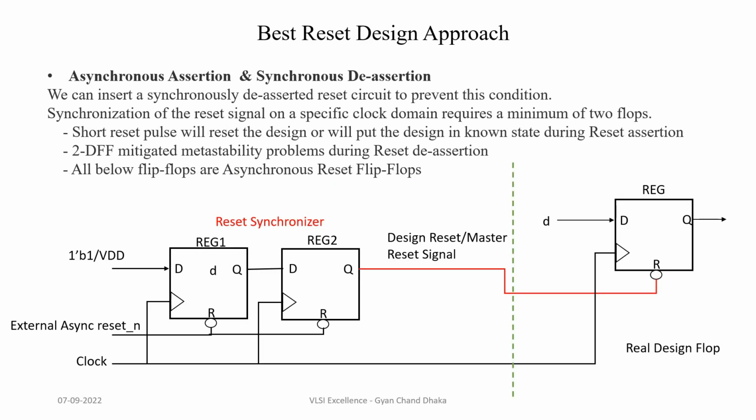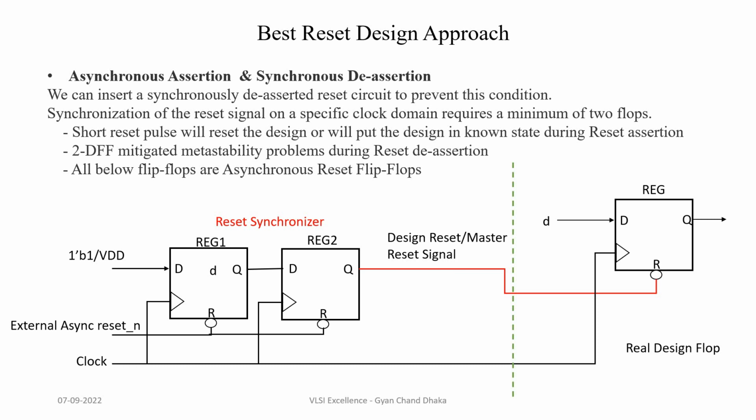Now let's see which is the best reset design approach. We saw the advantages and disadvantages of both reset design techniques, synchronous reset and asynchronous reset. In synchronous reset, the problem is that it always needs an active clock edge, and for most designs that is not acceptable, because most designs want to be in a known state even before the clock is running.